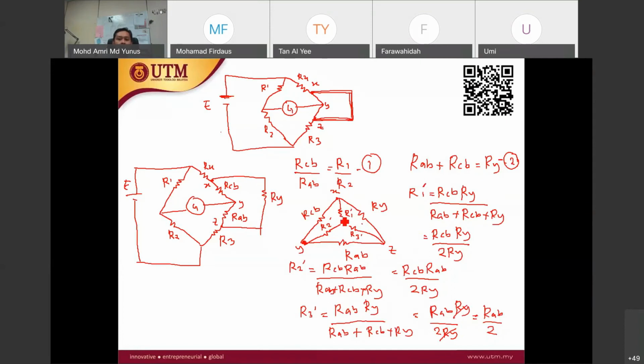So we convert, okay, from delta to star. So this Kelvin bridge, okay, now let's convert this part.